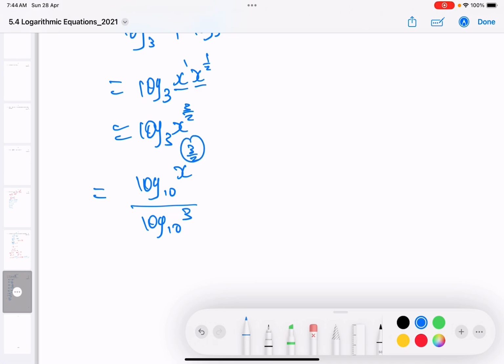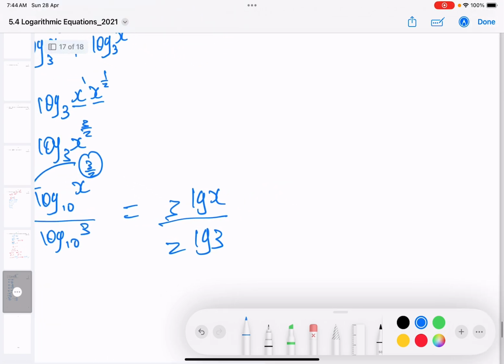All right, so this I can bring down. So it's going to be 3 over 2 log x over log 3. In case you don't know, 3 over 2 divided by 1 is the same as 3 over 2. So that's why I can just push it all the way down.